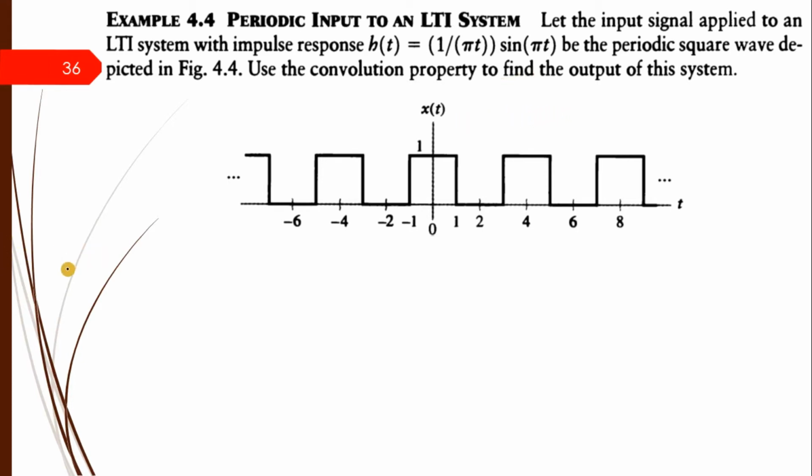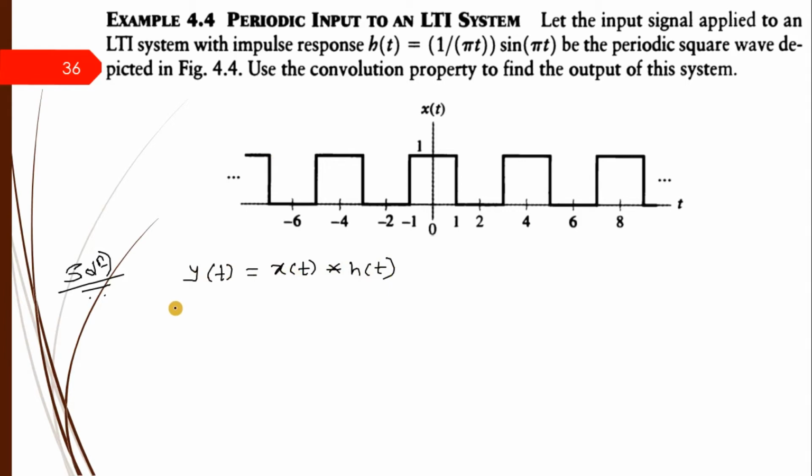Okay, so the solution goes like this. Very first thing, h of t is given here. Both x of t and h of t are very important for us because we have been asked to find y of t. Y of t is nothing but x of t convolved with h of t, right?